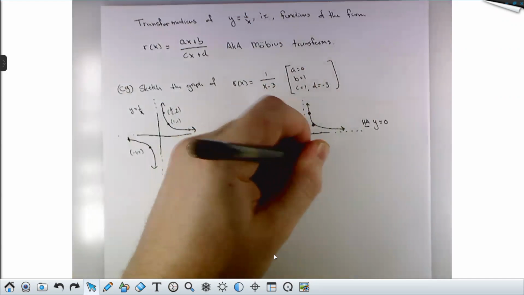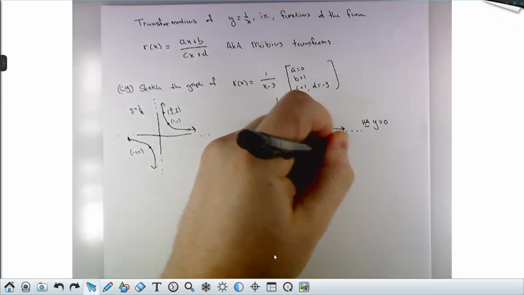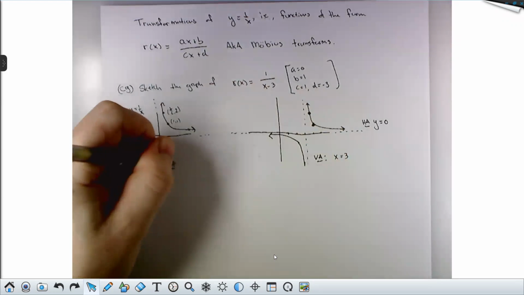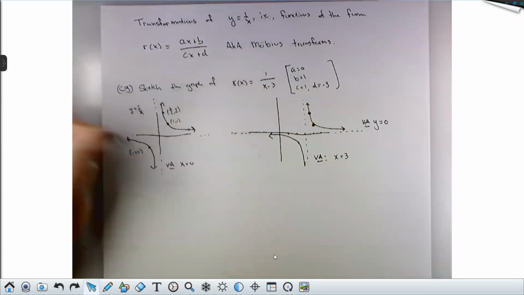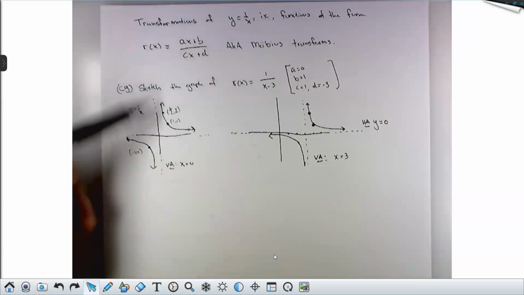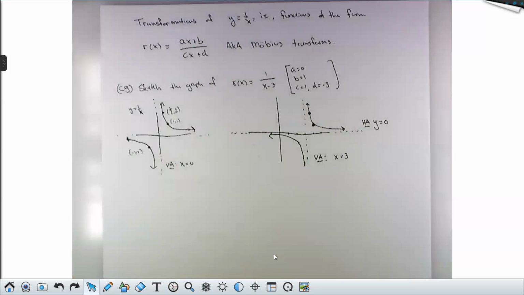What's the equation of the VA? x equals 0. I heard it in there, x equals 3. So the original VA was x equals 0, and I drag everything to the right 3 units. So the vertical line x equals 0 becomes the vertical line x equals 3. But when you shift the horizontal line y equals 0 left or right, that doesn't change. It stays the same.